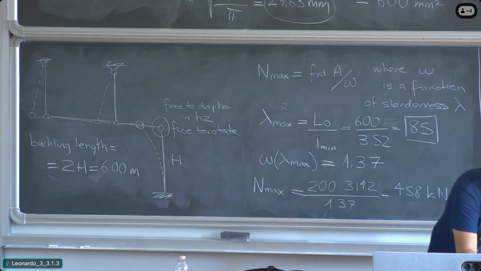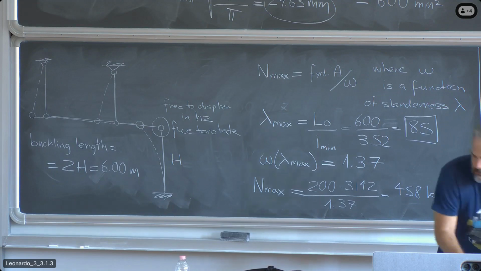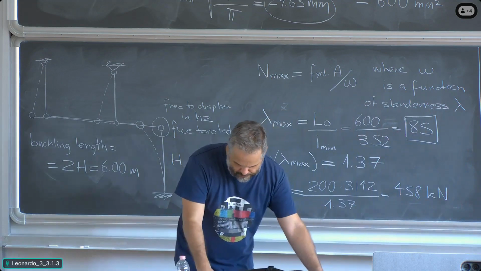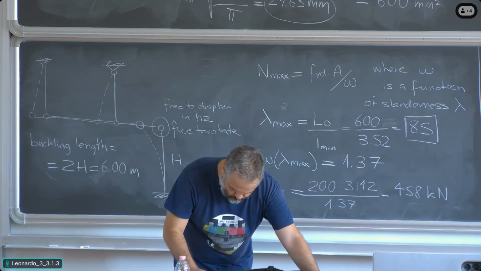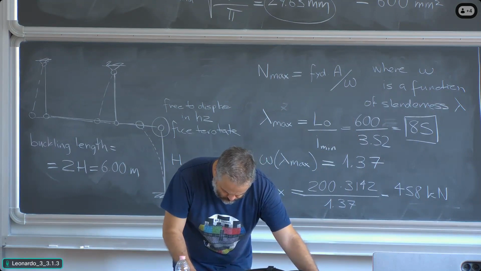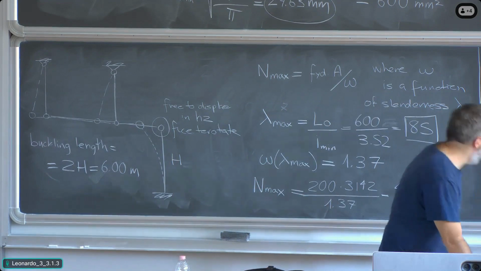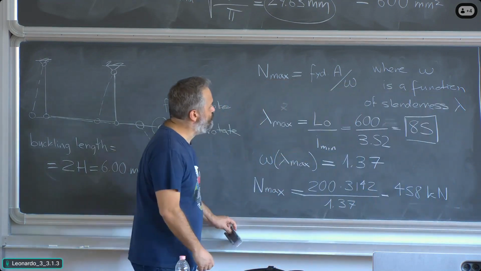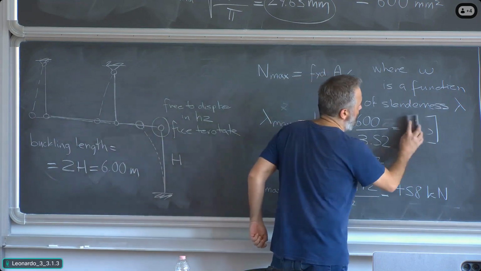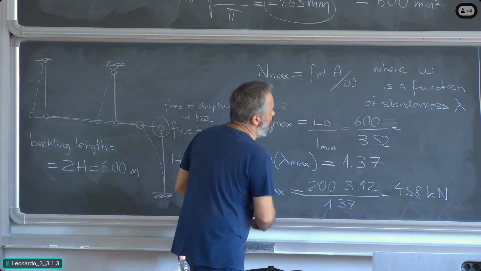Seems a little bit high to me. We'll quickly do a check. Seems I did something wrong. Yes, I did something wrong. I get the wrong value, I don't know why. I probably forgot to multiply by 2.